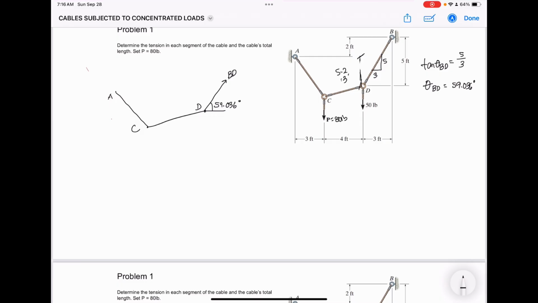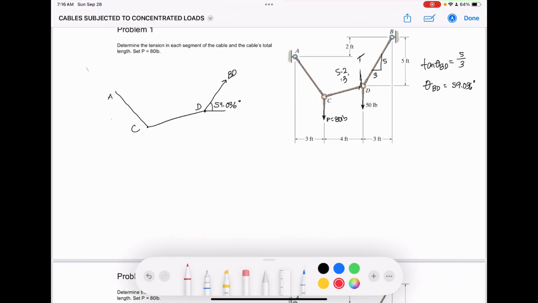So, we have 80 and we have 50 pounds. We have AX and AY.